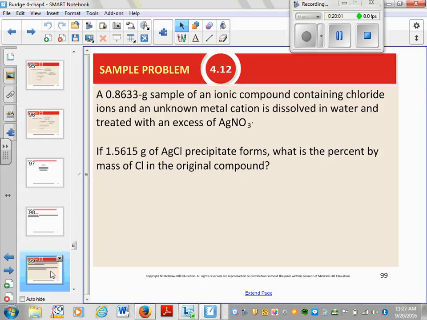What's the part I'm looking for? Chlorine. So it'd be the weight of the chlorine. What's the whole? The weight of the metal chloride. What's the weight of the metal chloride? This is the weight, I told you: 0.8633, times 100. So we need to know the weight of the chlorine.